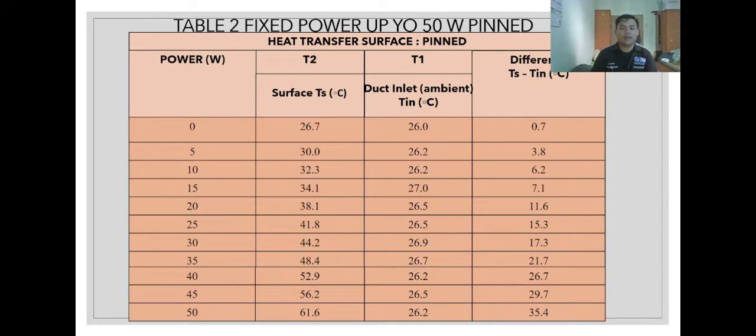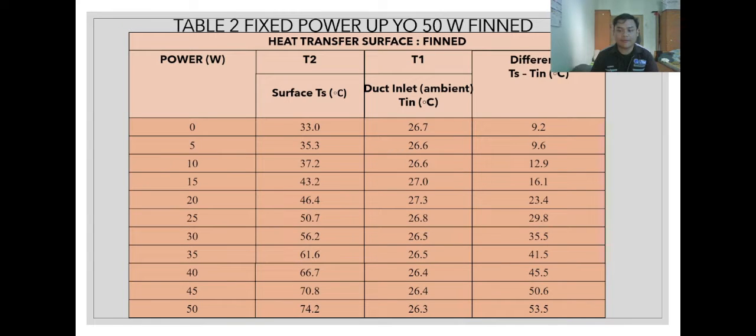And this is the pin surface up to 50 watts. Same as before, the temperature difference is T2 minus T1, or temperature surface minus temperature inlet. The maximum we recorded at 50 watts is 35.4 for the pin surface, and for the fin surface it is 53.5.